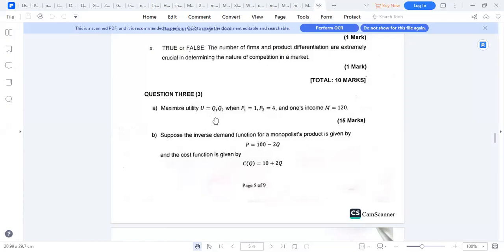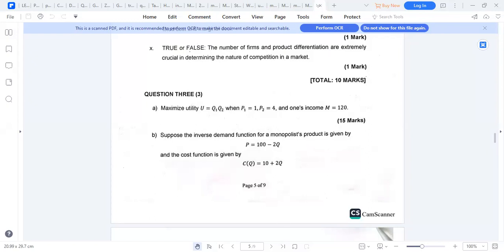This question here, the utility function was Q1, Q2, the price of good 1 was P1, the price of good 2 was P2, and the income was 120.